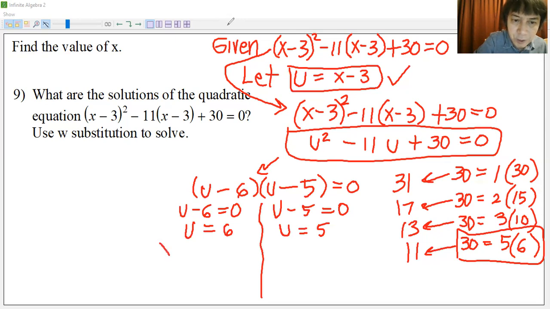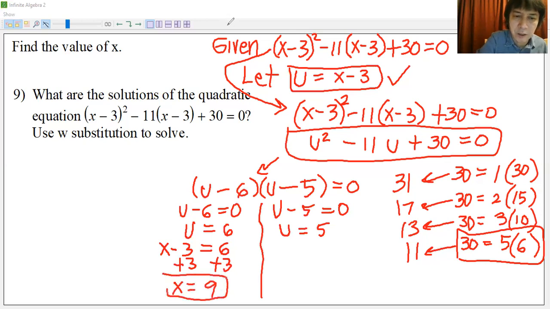This will now be x minus 3 equals 6. And then we shall solve for x. By adding 3 and adding 3 there, x happens to be a positive 9.